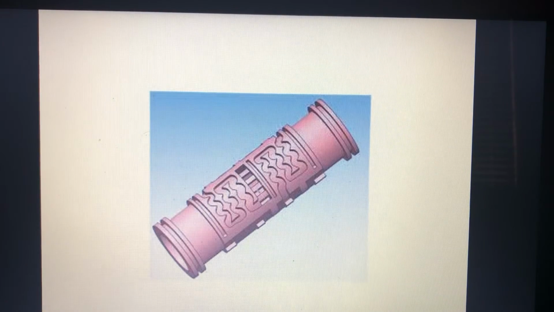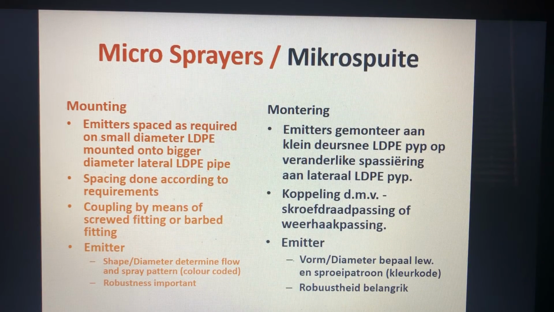So if we look at micro sprayers, your emitters are spaced as required, so there's not a specific spacing that you have to apply to micro sprayers on your low density polyethylene pipes, and its spacing is done according to your needs. So how far your orchard trees maybe are spaced apart, that's how far you can put them.